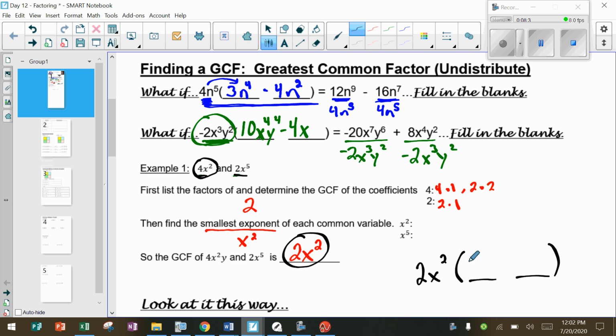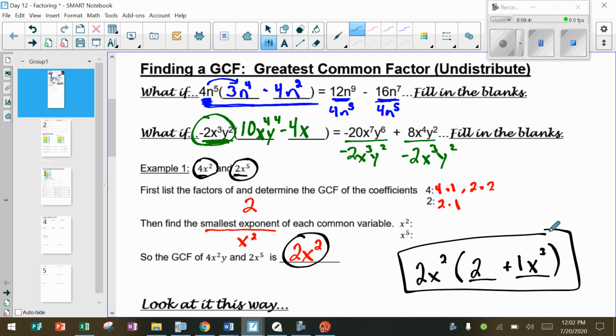So 4 divided by 2 is 2. The x squareds cancel out. Next piece, 2 divided by 2 is 1. And subtract the exponents, makes it x to the 3rd. So that would be the GCF factored form of those given 2 terms.